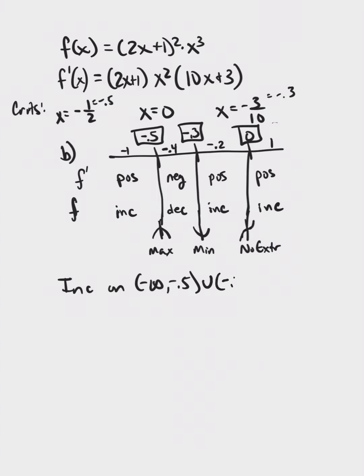So you say negative 0.3 to 0, but then from 0 to infinity. All right. We'll talk about this later, but there's a special geometric point right there called a point of inflection, a horizontal point of inflection. But now this thing is decreasing on just one interval, negative 0.5 to negative 0.3.